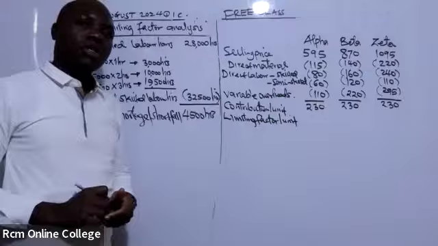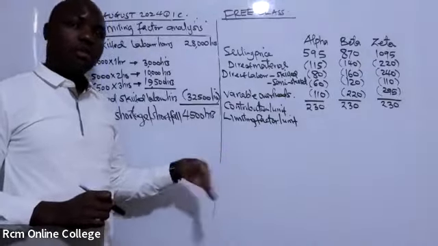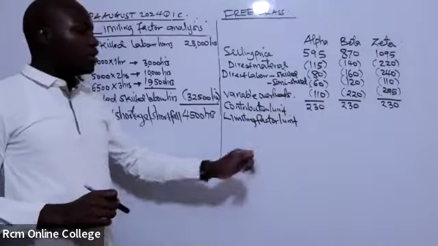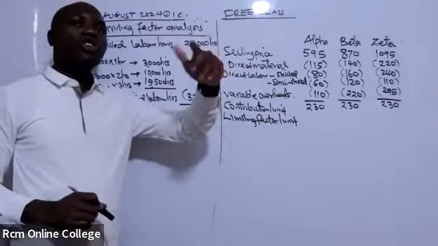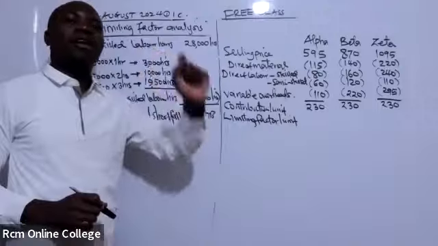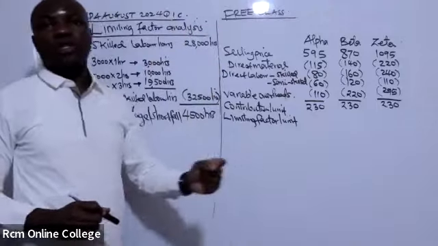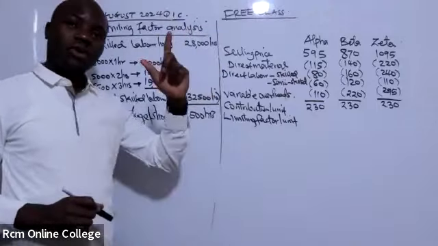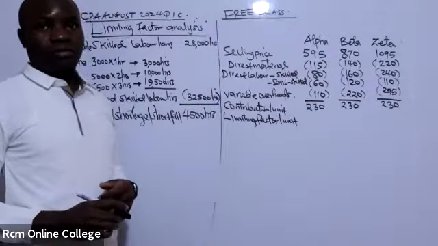But it normally changes. Maybe in your August exams, the limiting factor will be units of direct material, like in the case of CPA, August 2022 sitting. The limiting factor was direct material.